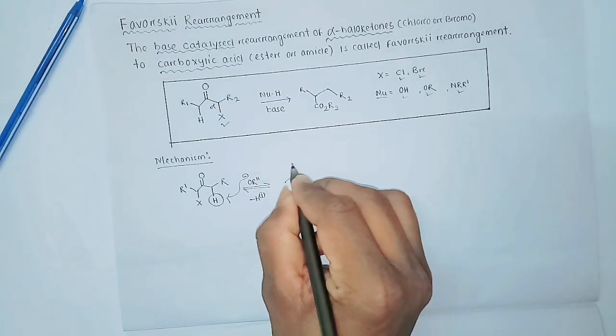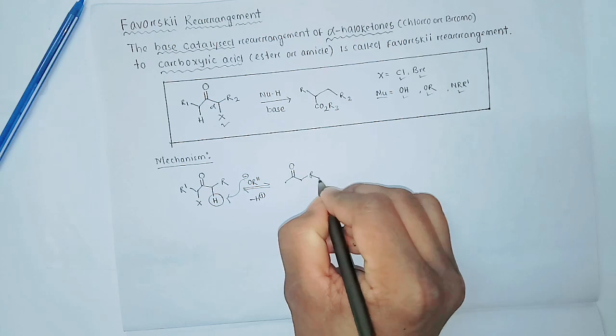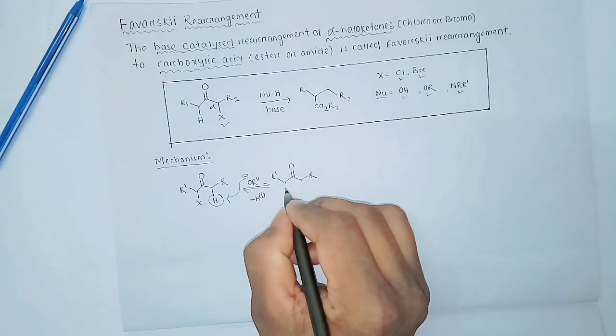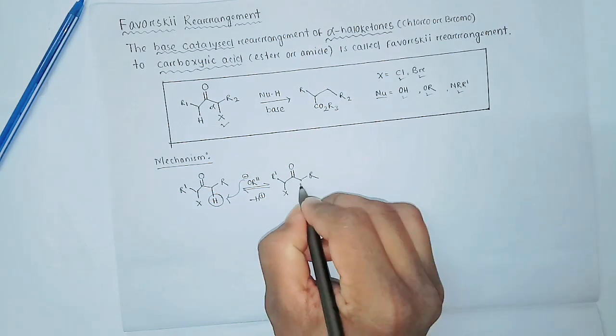When H plus is removed, we get a double bond C, this is R and this is R dash, this is X. So this is a negative charge.